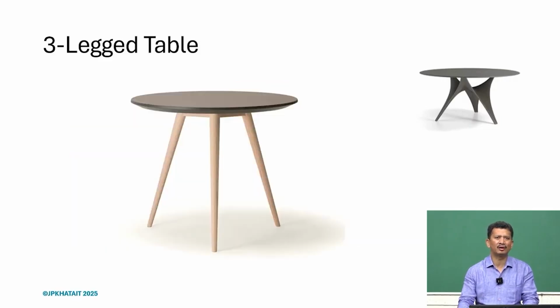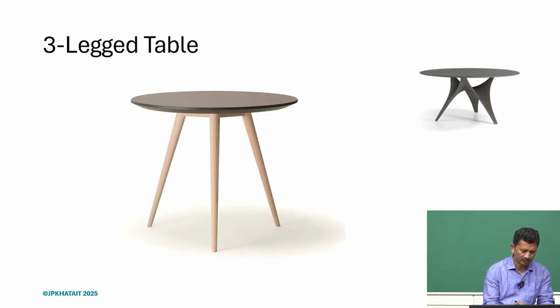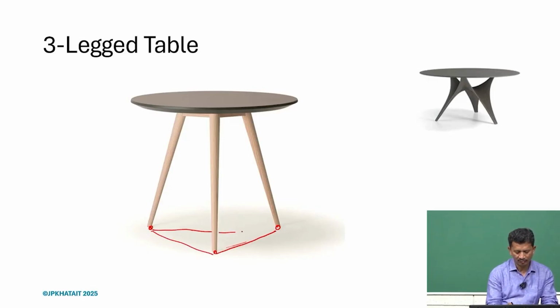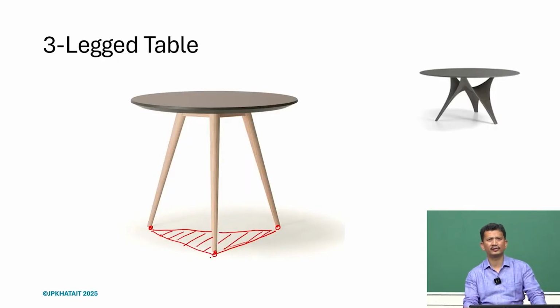Let's try to understand. If we consider the 3-legged table, what is important to understand is the 3 supports we have at the bottom, and if you connect them, with the 3 points we can always define a plane surface.